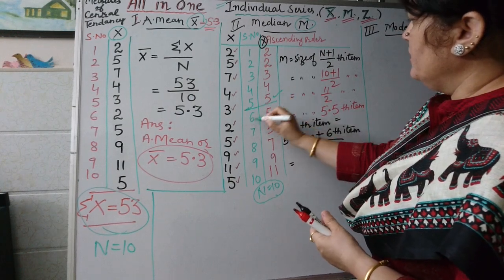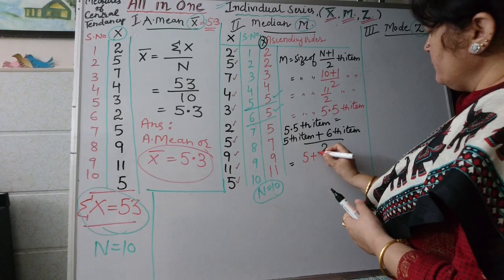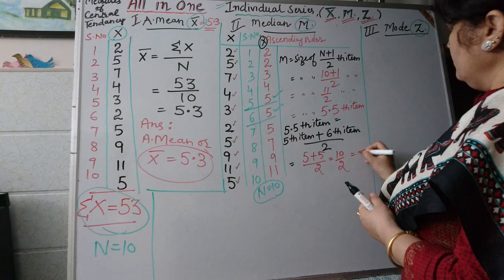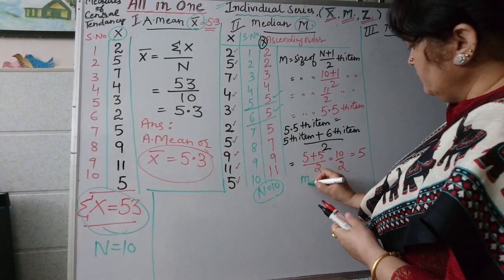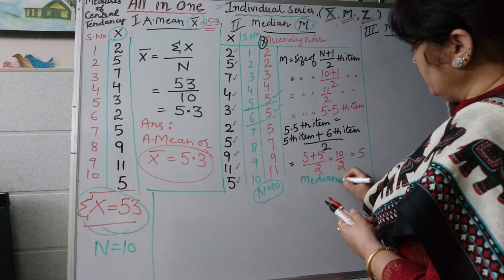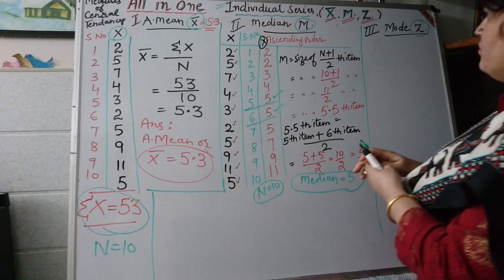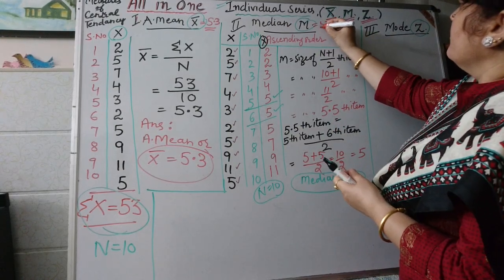This is 5 and 6th item is also 5. So here 5 plus 5 divided by 2 is equal to 10 by 2 is equal to 5. So the value of median is equal to 5. So we have calculated the value of median, which is equivalent to 5.